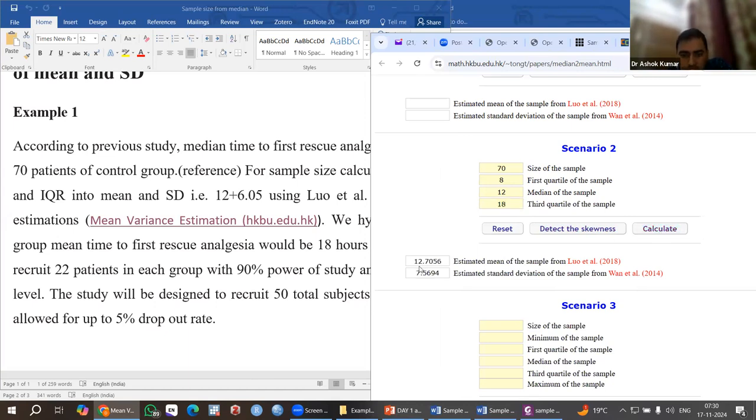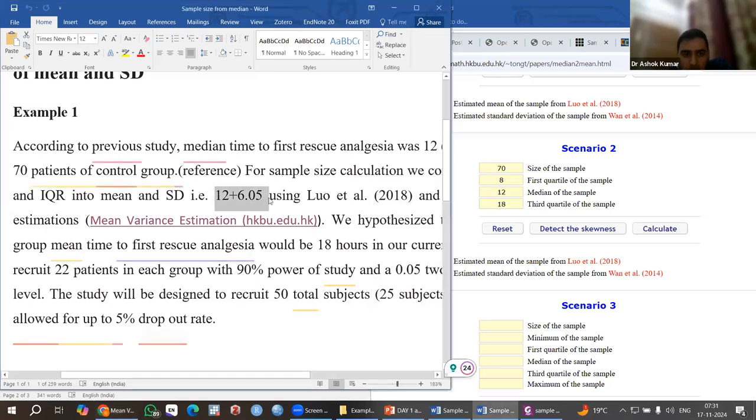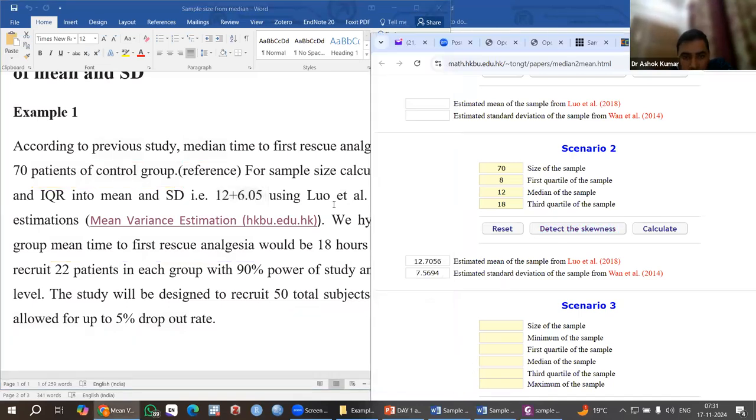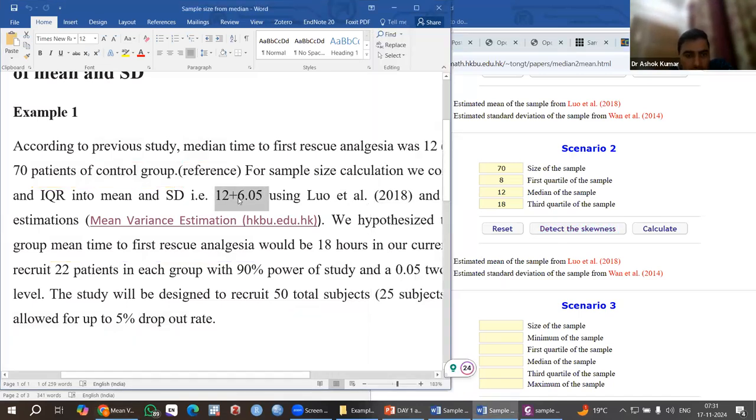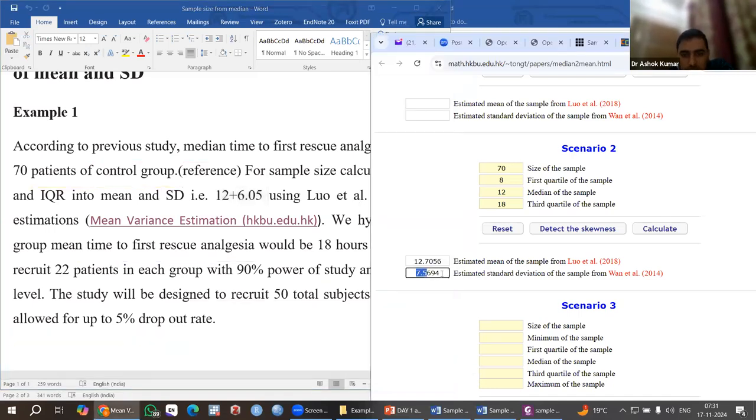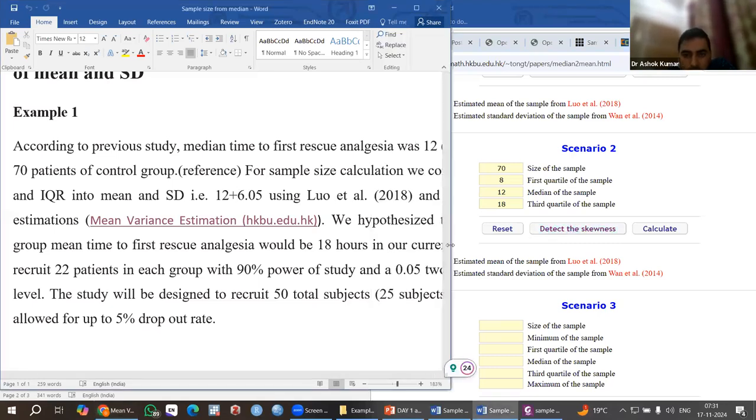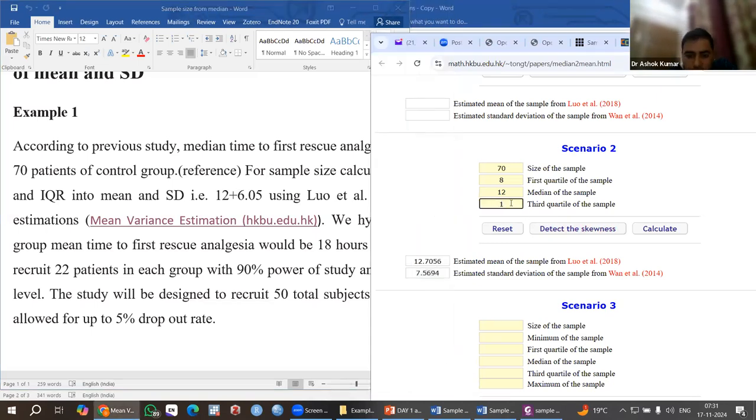Then click, and the estimated mean is 12.70, and the SD is 7.56. Oh, one minute, sorry, the third quartile is 16. Then I have to calculate.